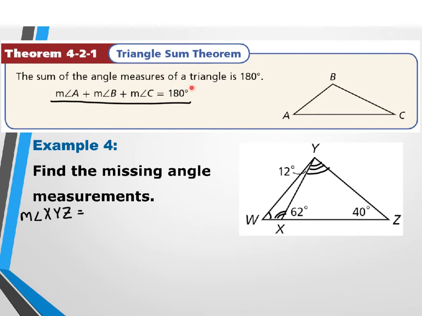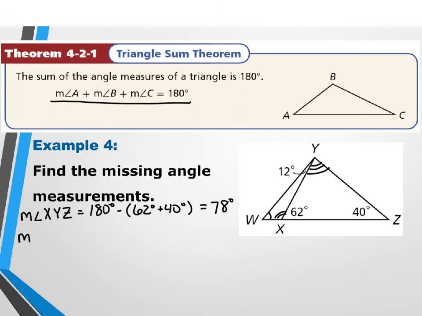So subtract those from 180 degrees, and that is using the triangle sum theorem. So say 180 degrees minus our 62 plus 40, and we have 78 degrees. So our angle measurement for XYZ is 78 degrees.